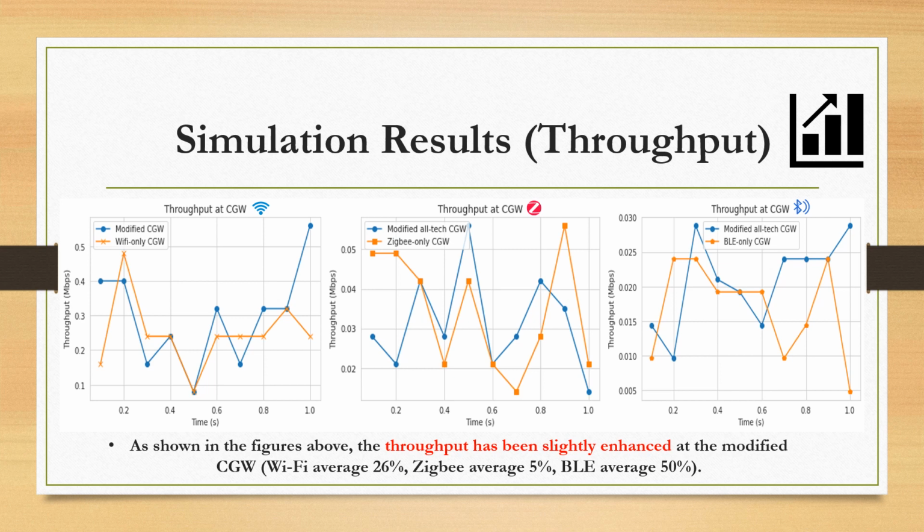Of course, the throughput is computed by examining the packets transmitted across the transmission medium over time. And as shown in the figures below, the throughput has been enhanced at the modified gateway by an average of 26% for Wi-Fi, 5% for Zigbee, and 50% for Bluetooth.